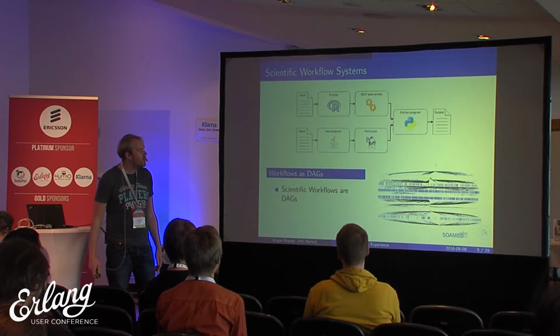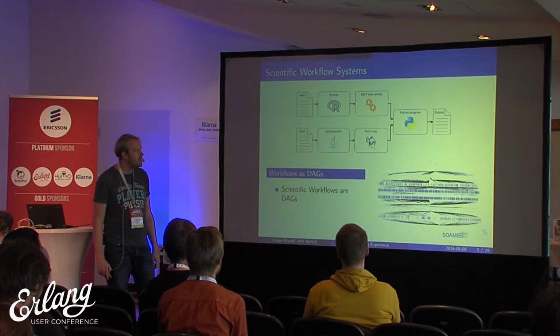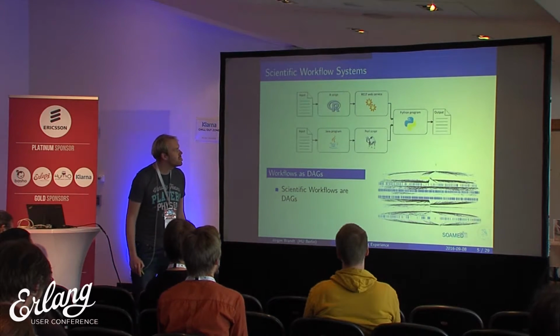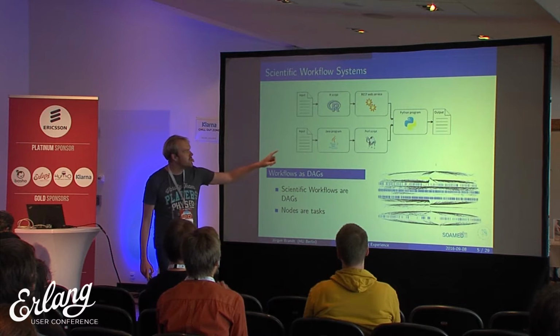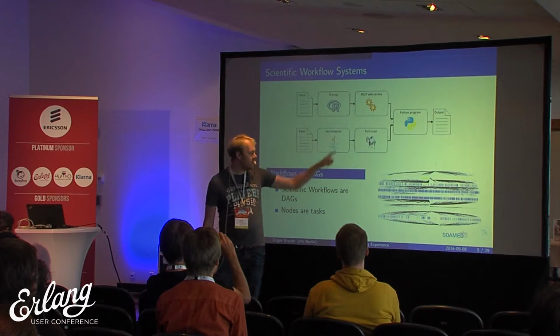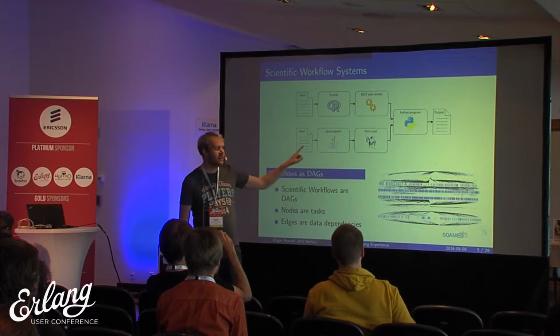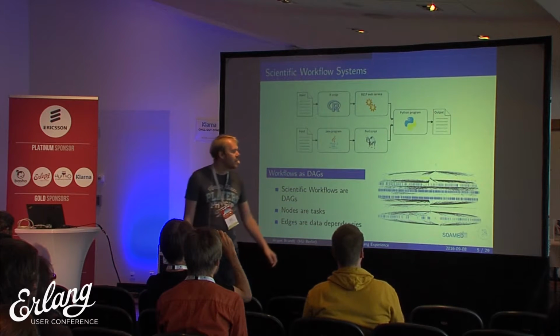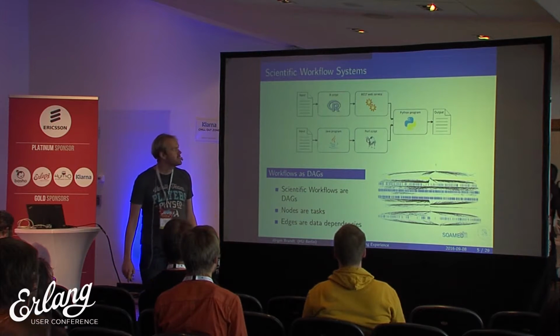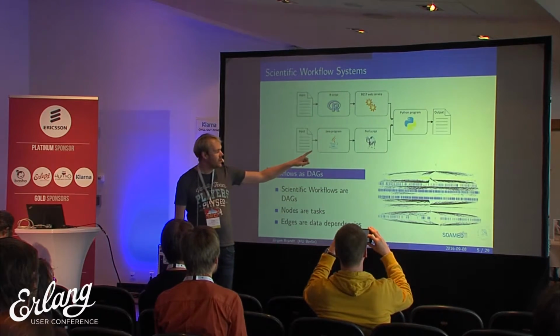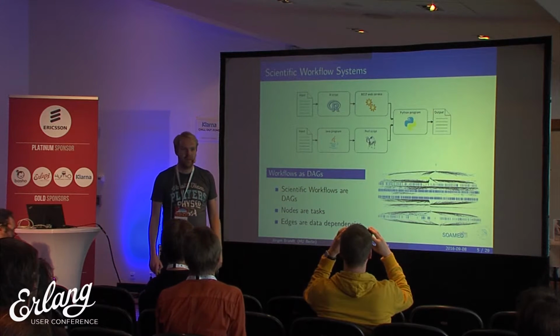And a workflow is essentially a graph, a directed acyclic graph, in which the nodes represent tasks, and the edges represent data dependencies. And as you can see here in this upper example, these tasks can be very heterogeneous.